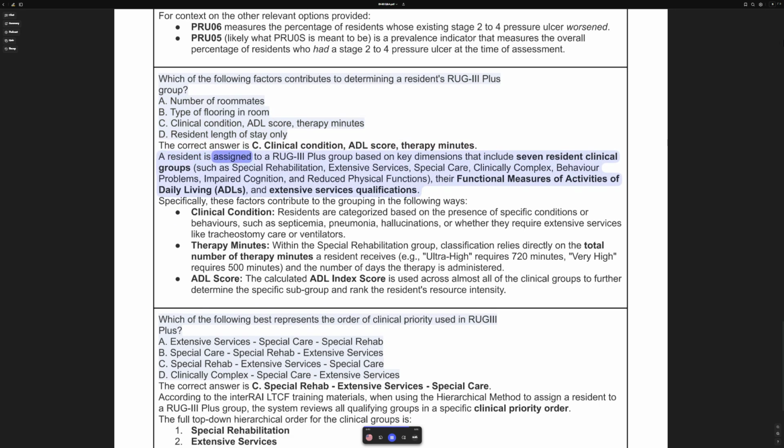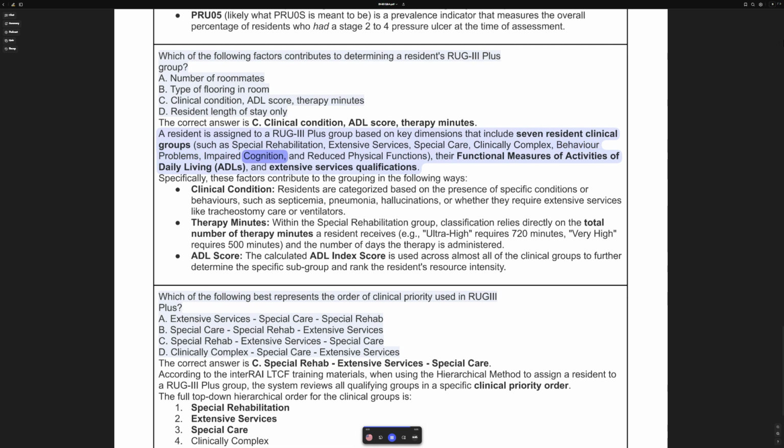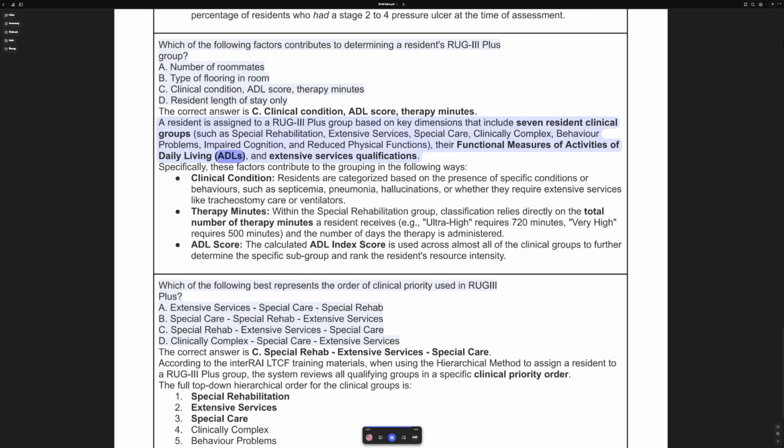A resident is assigned to a RUG 3+ group based on key dimensions that include 7 resident clinical groups, such as special rehabilitation, extensive services, special care, clinically complex, behavior problems, impaired cognition, and reduced physical functions, their functional measures of activities of daily living, ADLs, and extensive services qualifications.